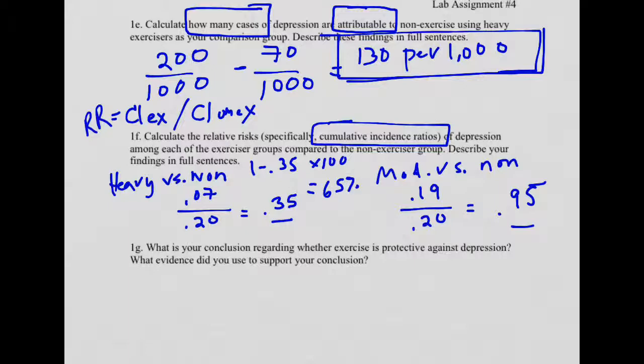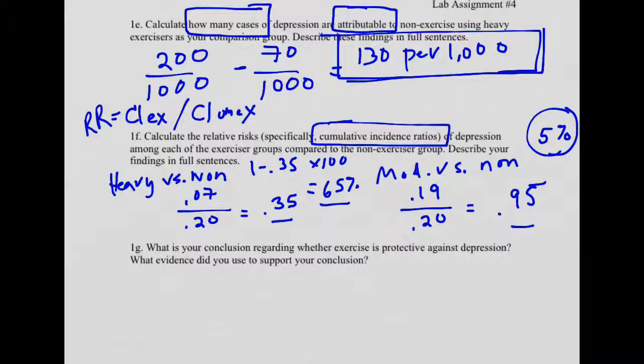So among women who were heavy exercisers, they had a 65% reduced risk of depression compared to women who are non-exercisers. Here, if we subtract from 1 and multiply by 100, we'd end up with 5%. So women who were moderate exercisers had a 5% reduced risk of depression compared to women who were non-exercisers.